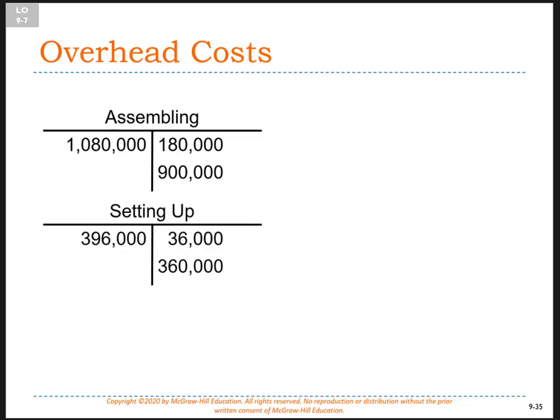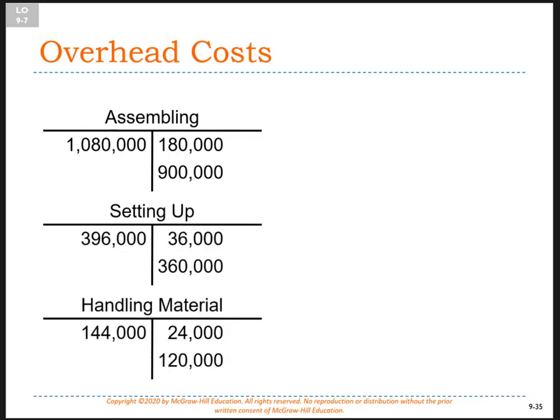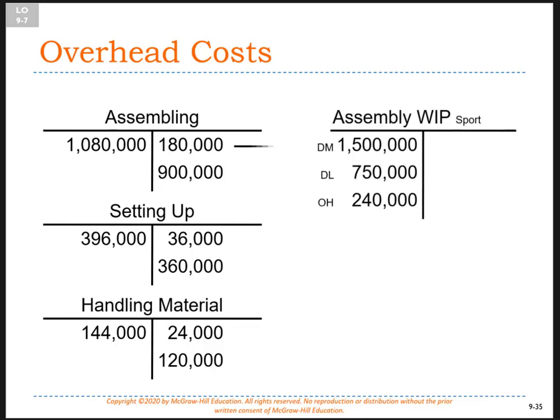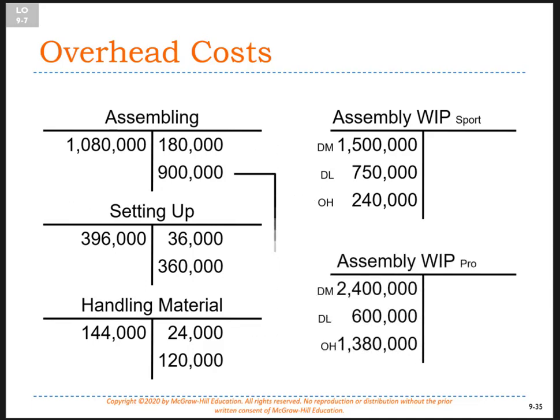Overhead costs. So we have our overhead costs, broken down into our various activities. And we track our overhead costs by activity, each with a T account, and then we allocate it by crediting that T account and debiting our work in process for each product.